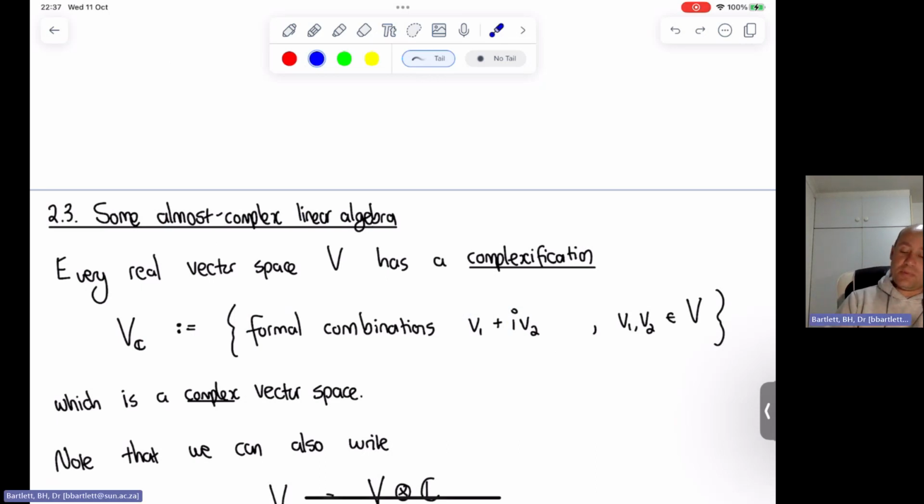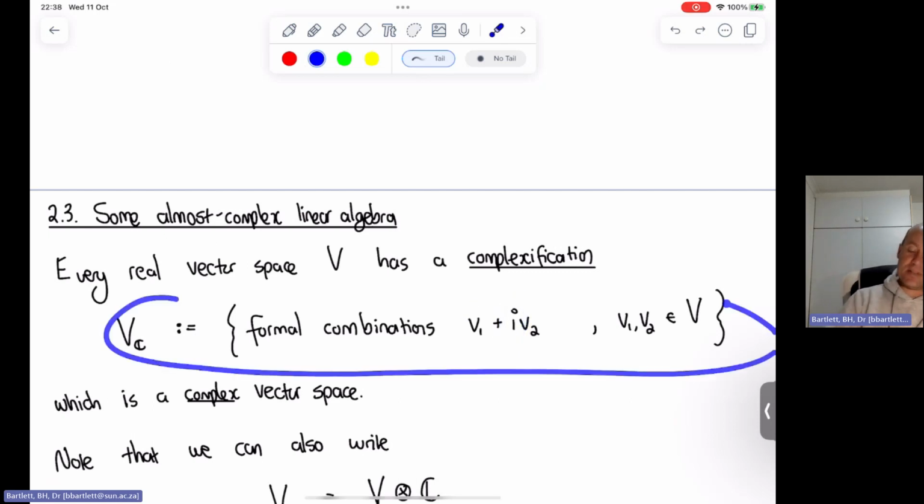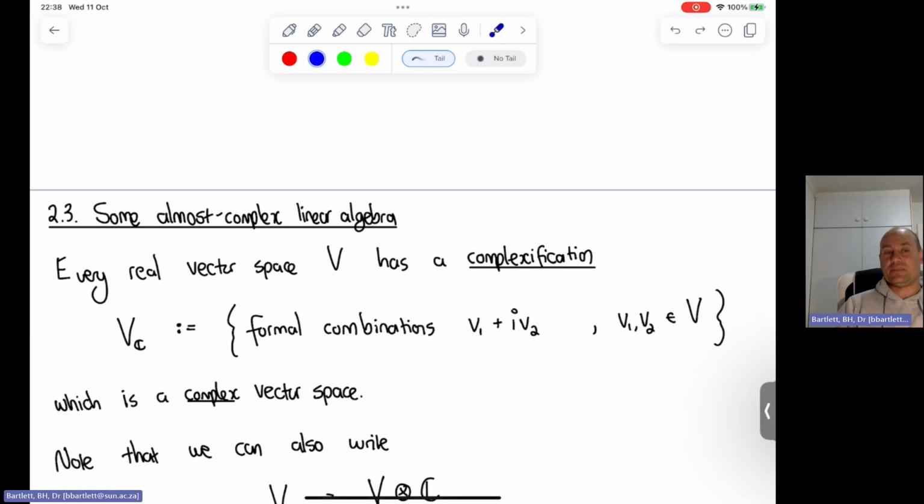But this is going to form a vector space in its own right, because I can add things like this together by just adding them component-wise. I can multiply them by complex numbers. In particular, I can multiply them in the natural way. So i times this would then give you a minus in front there, and then an i in front of here, and so on. So this forms a vector space, complex vector space in a natural way.